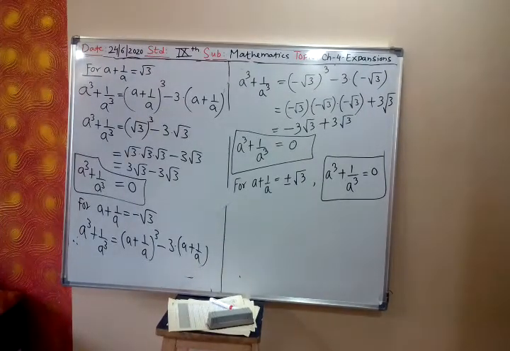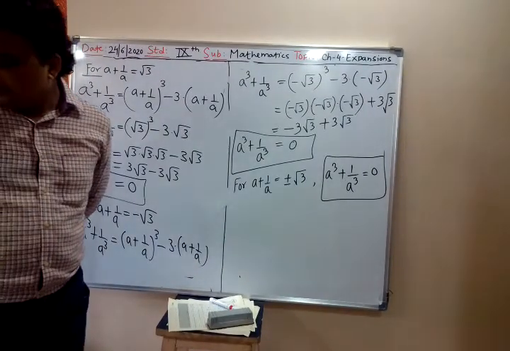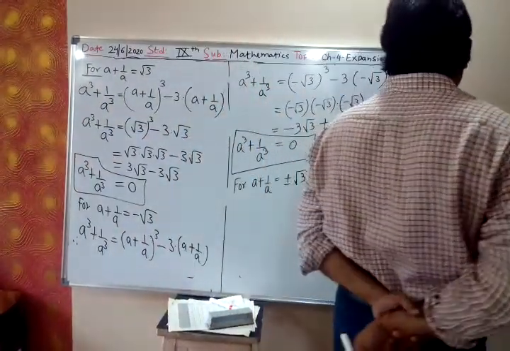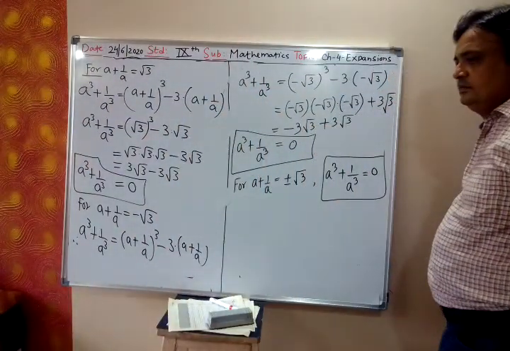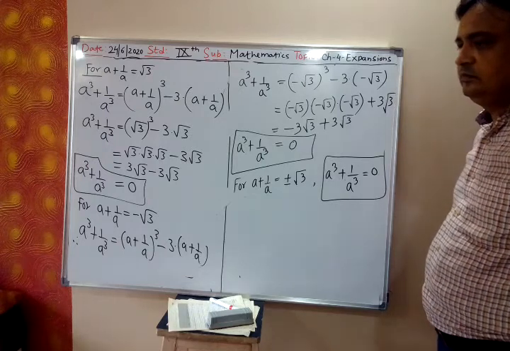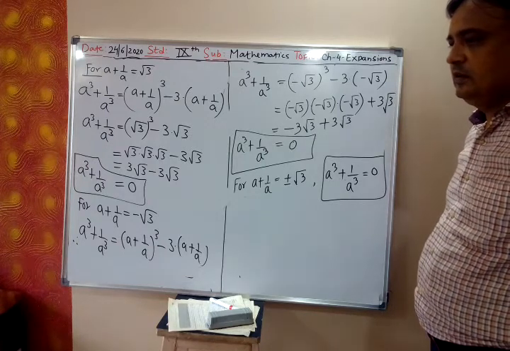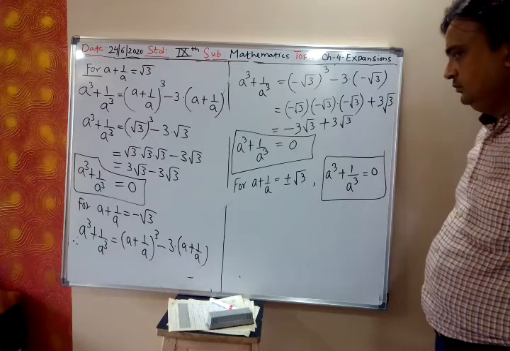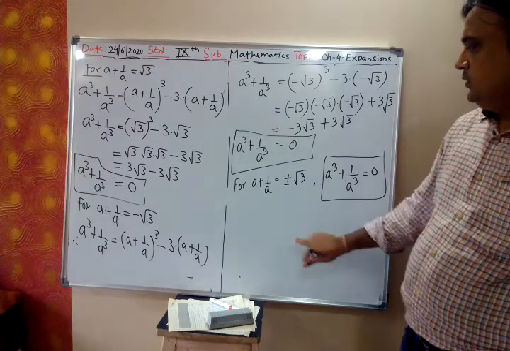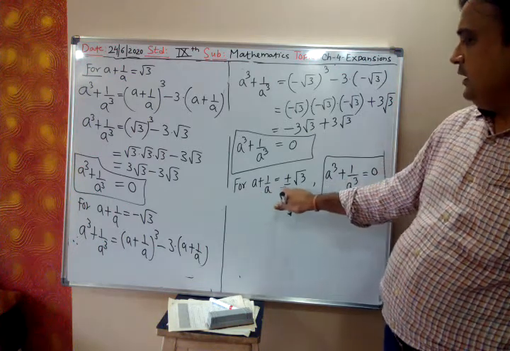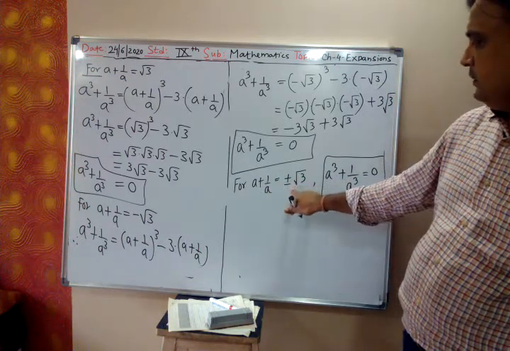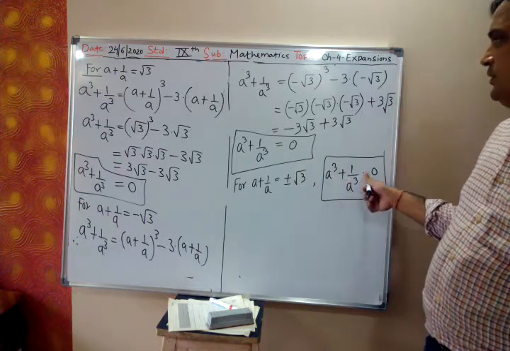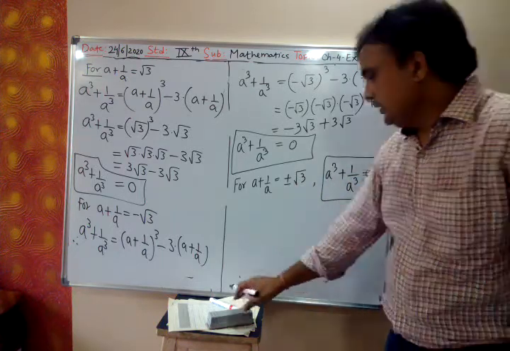Write fast. A cube plus 1 upon a cube is 0. So for a plus 1 upon a plus minus root 3, the value of a cube plus 1 upon a cube is 0 in both the cases.